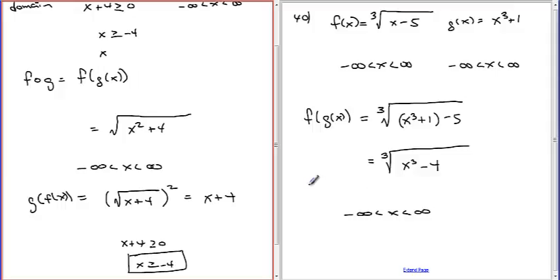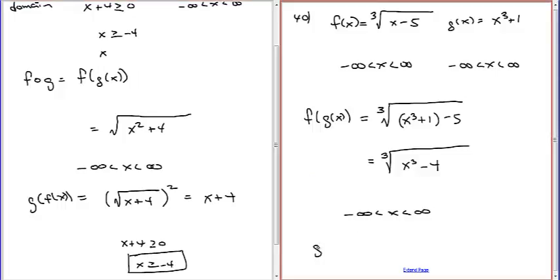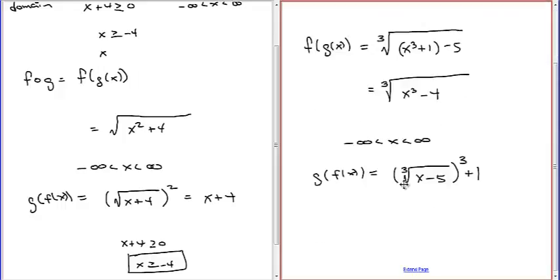So we need to do g of f of x. So what I'm doing is I'm going to plug that into here. So you have the quantity, the cube root of x minus 5, quantity cubed, plus 1, and something cubed to the third power is just the argument.